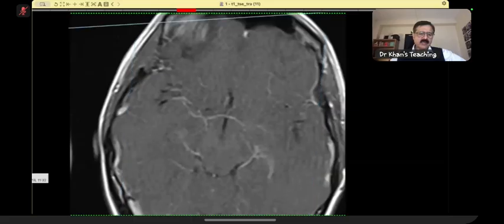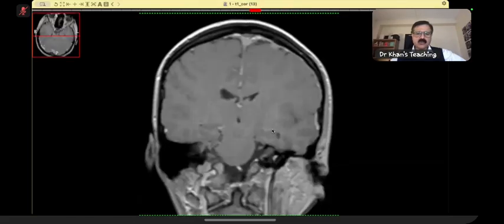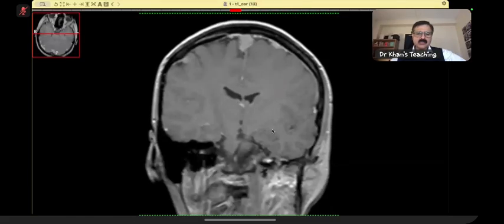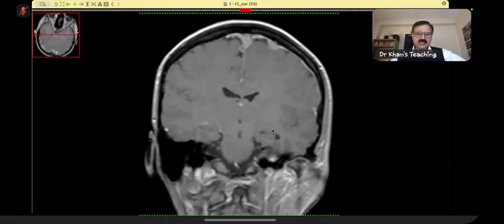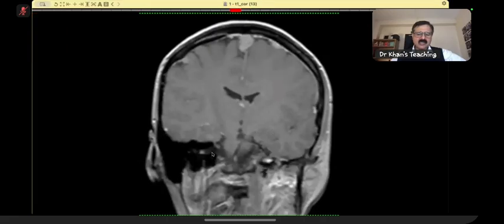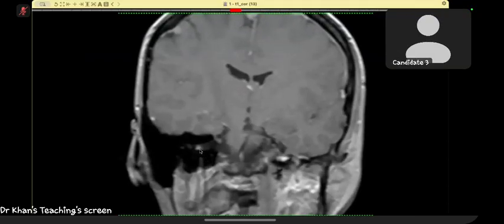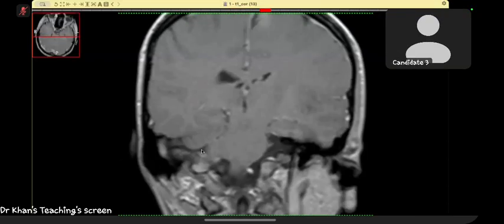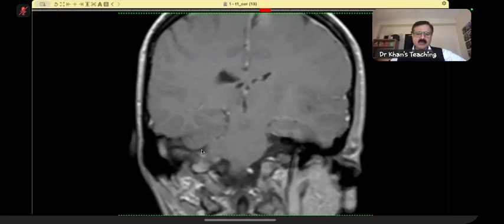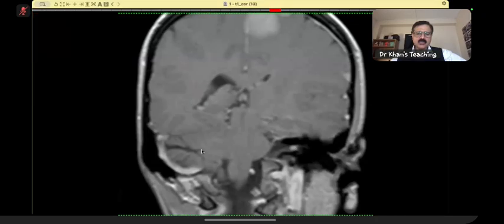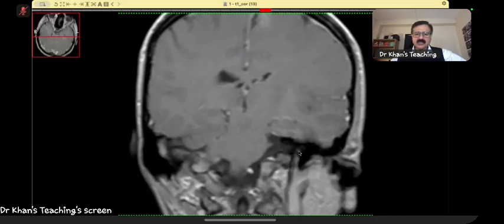Now, when you said that you could see it on the right side, your eyes were going somewhere else. Actually, if you see your anatomy, this is the IAM. And do you see this enhancement here? The problem is that the patient is not symmetrical. Here you are on the other side.